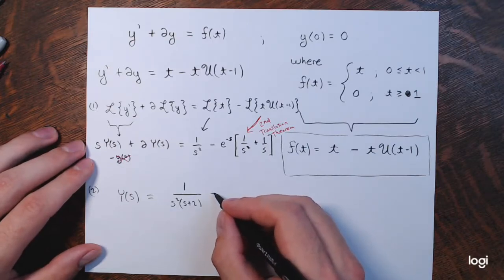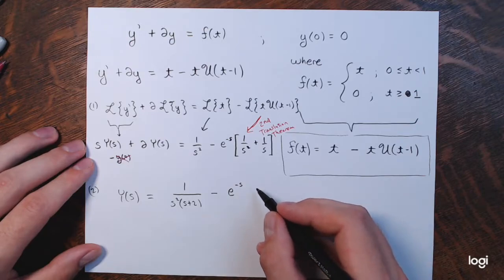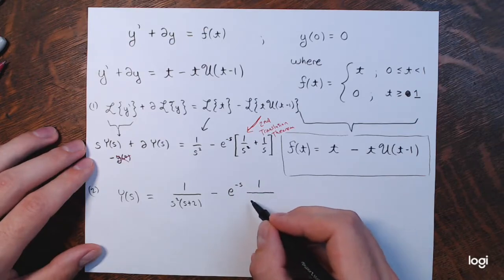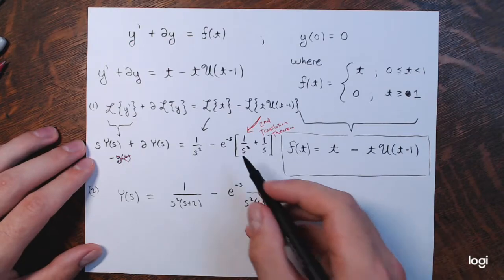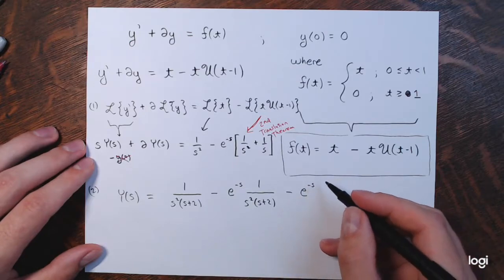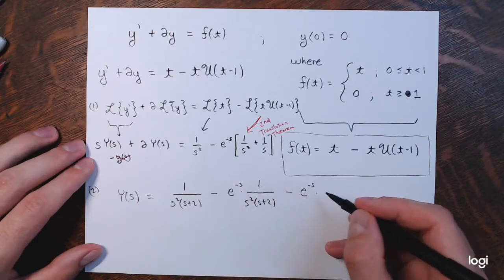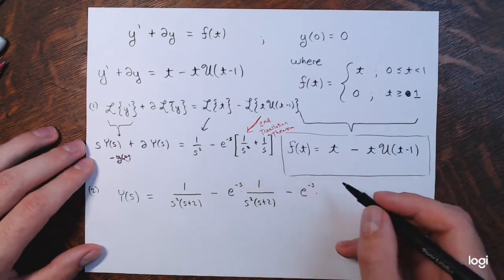And then minus e to the negative s times 1 over s squared times s plus 2. And then minus e to the negative s again times 1 over s times s plus 2.